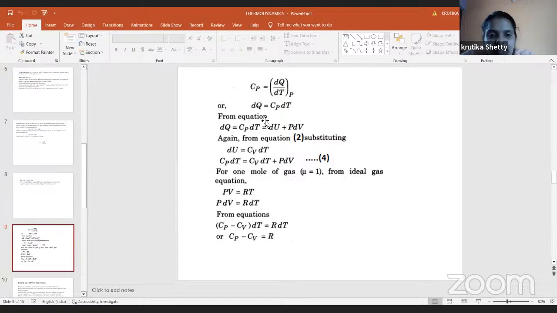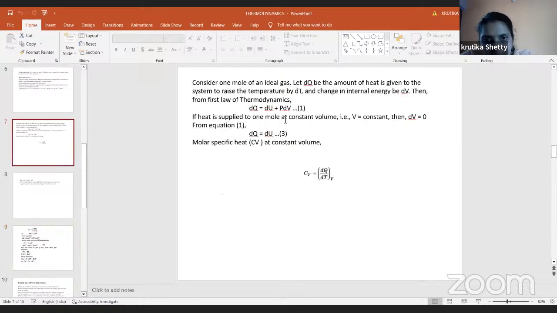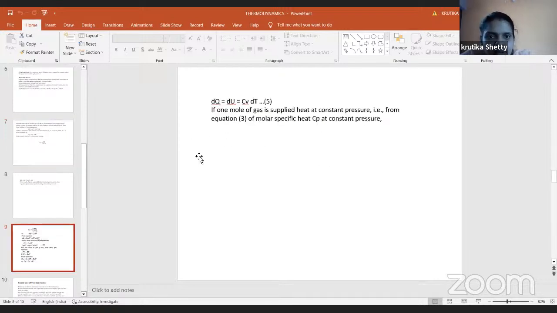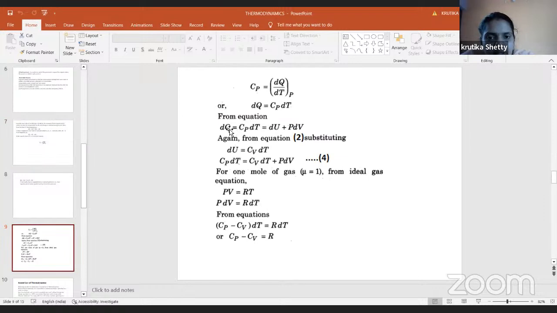Now according to the first law of thermodynamics, dQ is equal to dU plus PdV. dU we have just calculated. You can substitute the value here: dQ is equal to Cp into dT, and it is also equal to dU plus PdV.